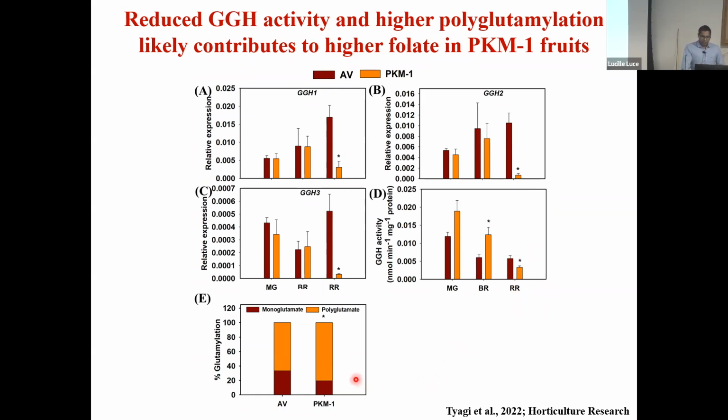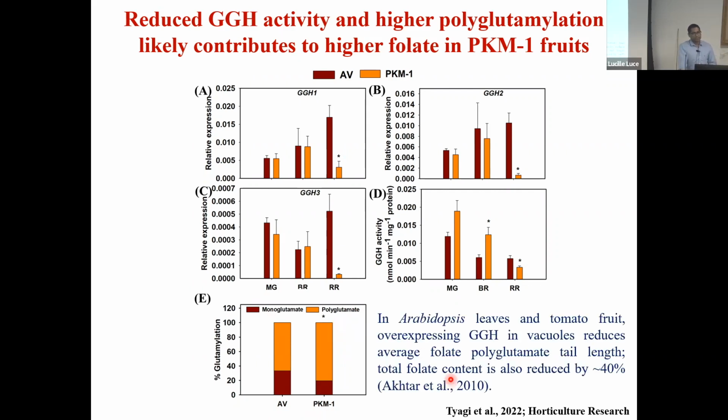And regarding the folate polyglutamate level, it is hypothesized that folate polyglutamate is the stable form, and it is less sensitive to degradation or catabolism. So we measured the folate monoglutamate and polyglutamate levels in AV and PKM at the red ripe stage, and we found that PKM has a significantly high polyglutamate level at the RR stage, the red ripe stage.